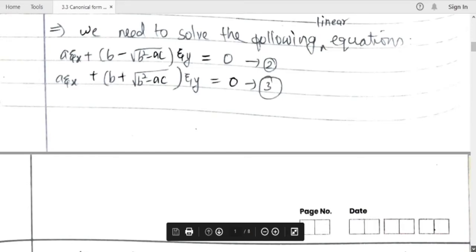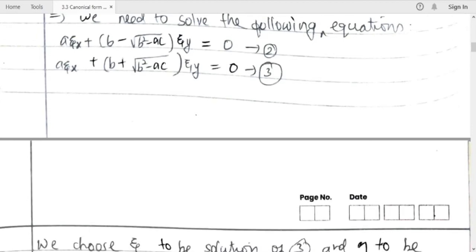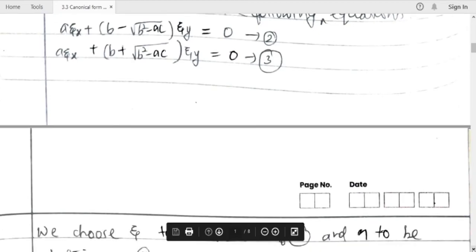Because when you write the equation in eta, the equation will be the same like this only. The only difference is, instead of theta, you will get eta. The difference here is one with B minus and another with B plus. So by solving one, you will get theta, and by solving the other, you will get eta. Okay. So no problem in that.